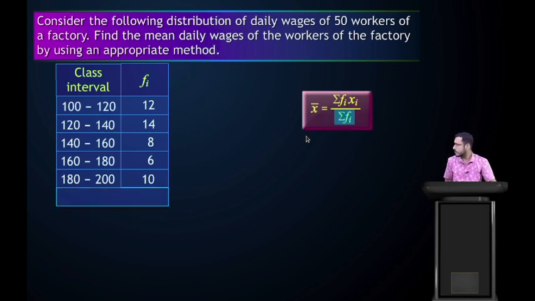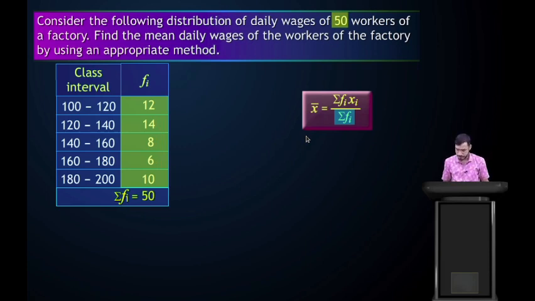In the question it is given that there are 50 workers, so sigma fi is 50.